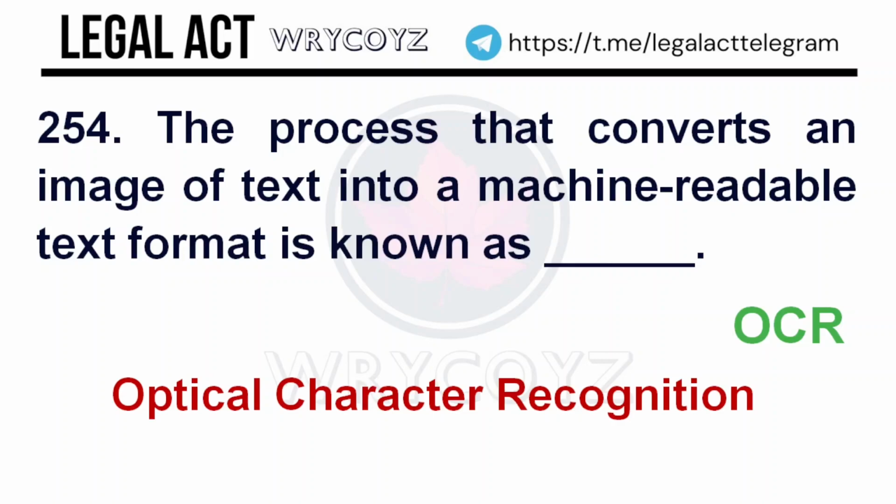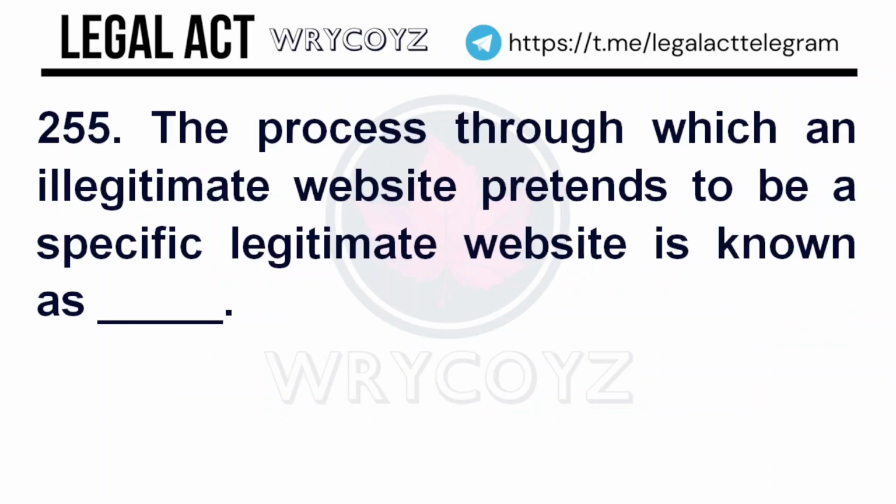The answer is OCR, optical character recognition. 255. The process through which an illegitimate website pretends to be a specific legitimate website is known as dash. The answer is spoofing.